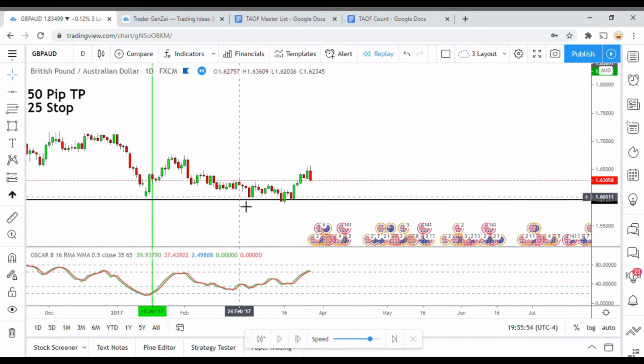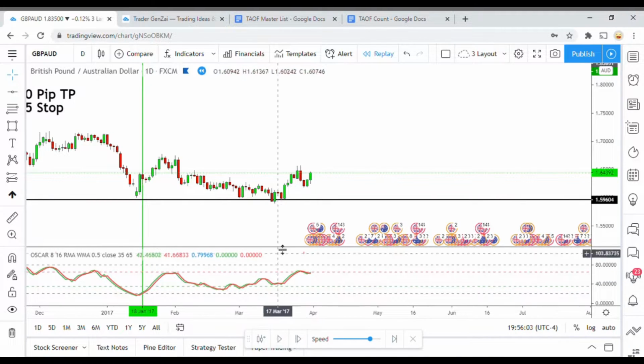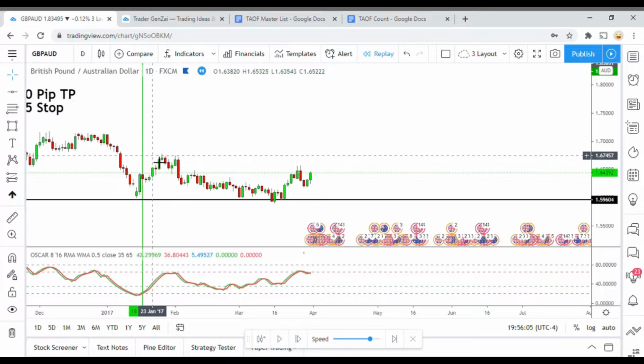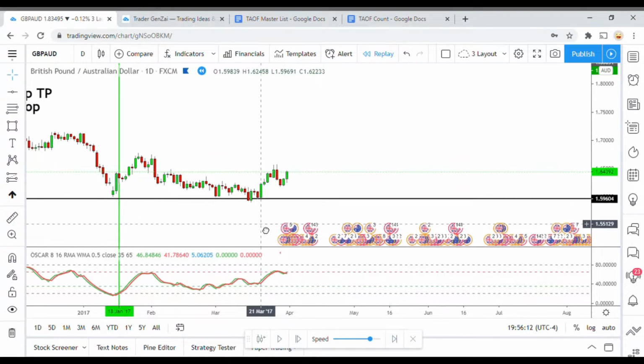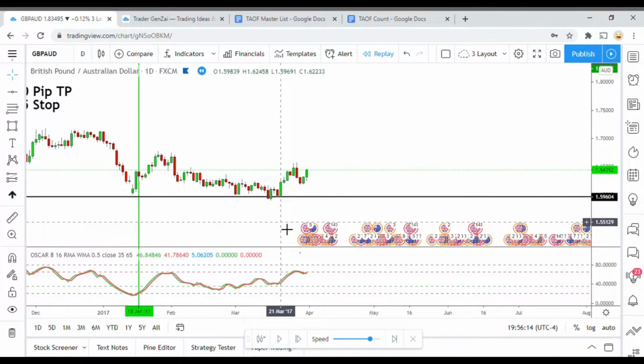Maybe. There it goes. Bounced along that area quite a bit before it finally took off on us. And again, probably came up, hit a Fibonacci level on that, and is now having a bounce off there.